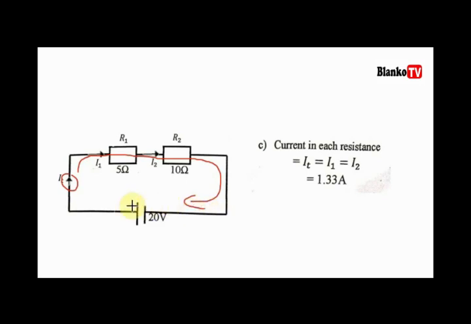That means I1 will be the same as I2. So IT is equal to I1 is equal to I2, meaning IT is the same current that flows through the two resistors, which is 1.33 amps. Let's move on to the next one.